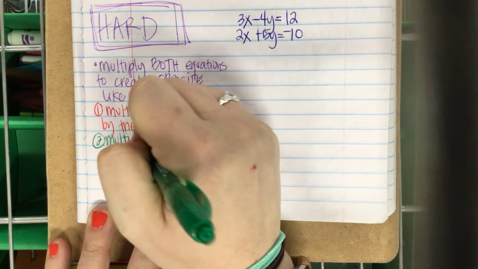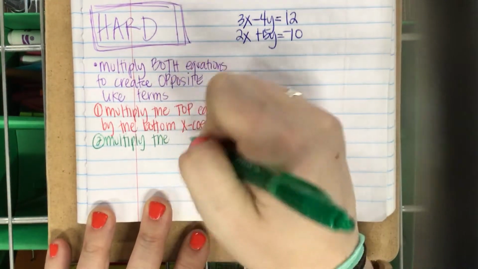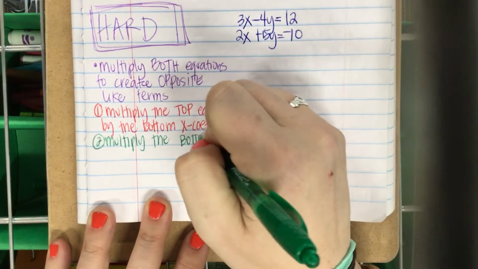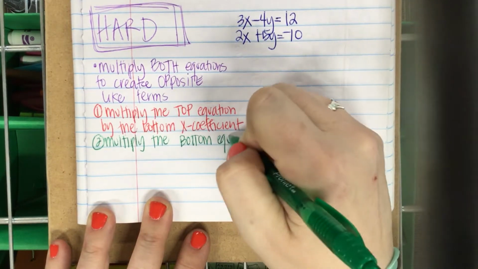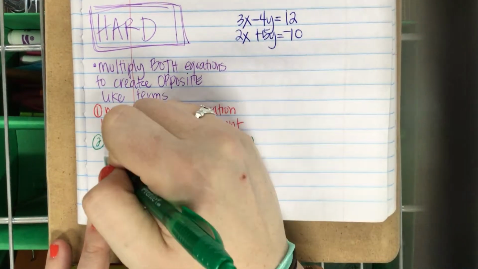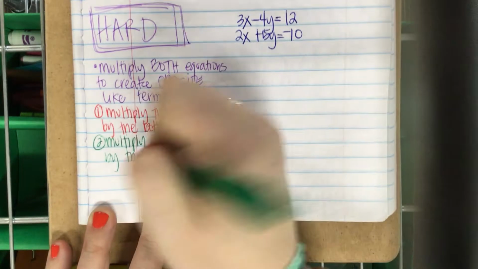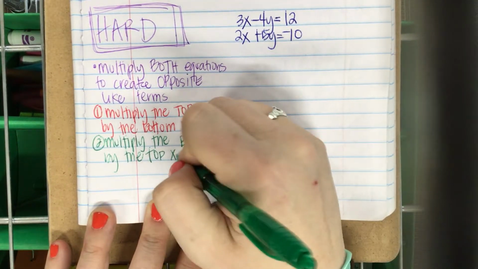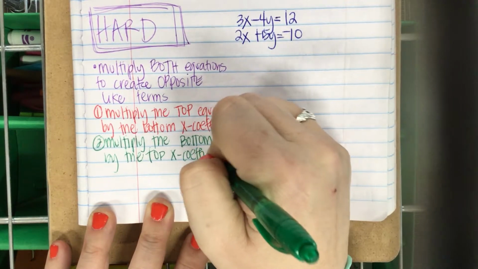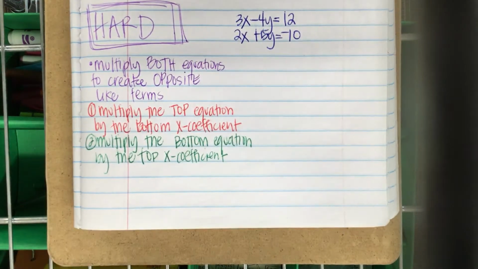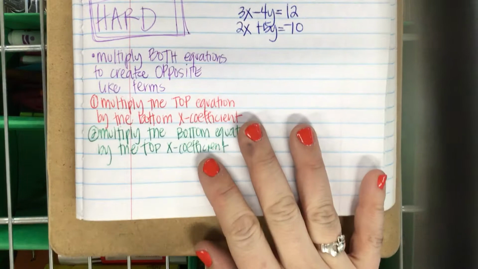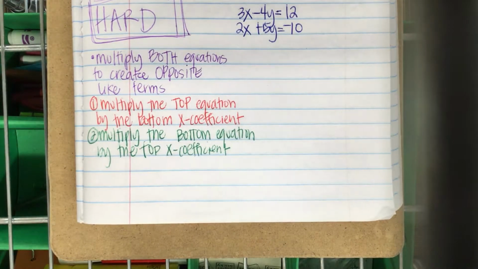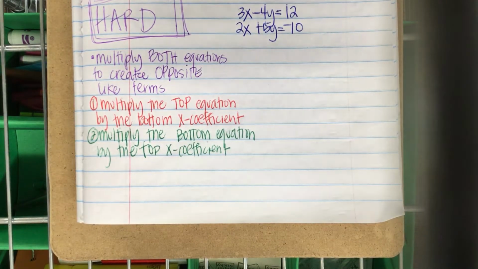And then you're going to multiply the bottom equation by the top x coefficient.